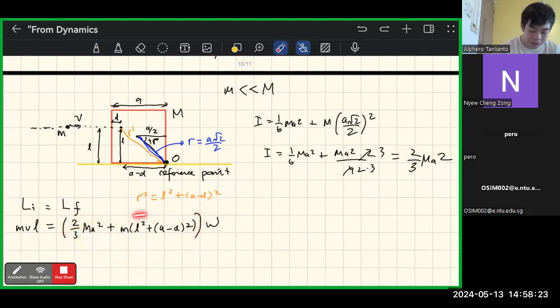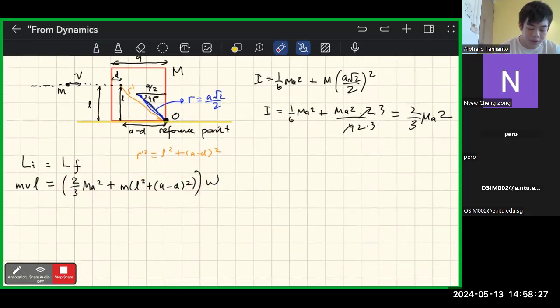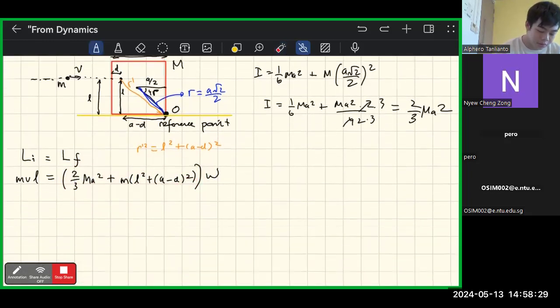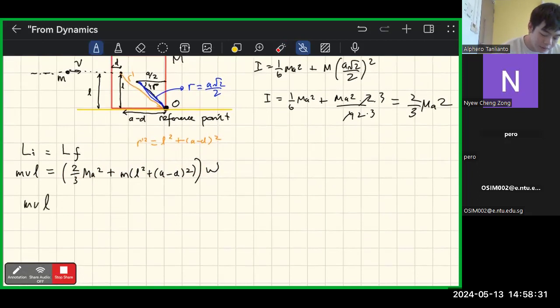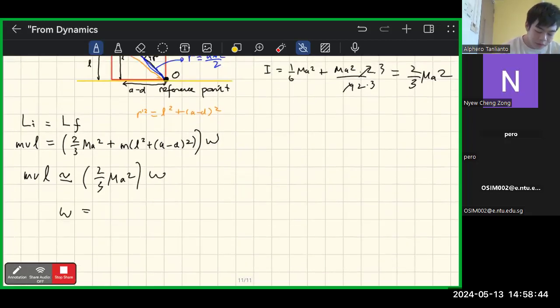So this part is very small compared to this, so we just ignore it. So mcl equals 2 over 3 ma squared omega. Yeah, that's how it goes. After that, you have an omega of 3 mcl over 2 ma squared, and that's how you do it.